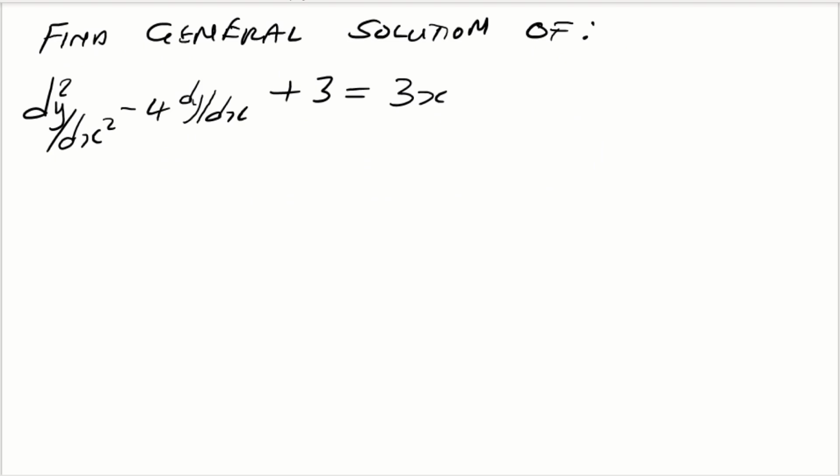Hi. So for the next example, we are required to find the general solution of the following equation. First thing first, as you can see, your equation is equated to 3x. So before doing anything, you must know that you are required to find PI and CF here. So your general solution, your y gen, is equal to the combination of y CF plus y PI, just because your equation is equated to a function.